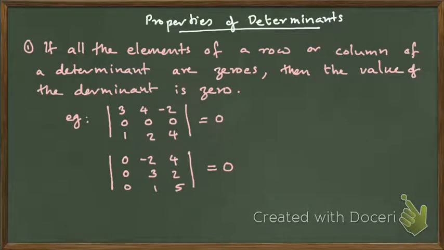In the second example, all the elements of the first column are 0, so the determinant value is 0. So that's your first property. If you ever get a determinant with all the elements of a row or all the elements of a column being 0, then the value of the determinant is going to be 0.